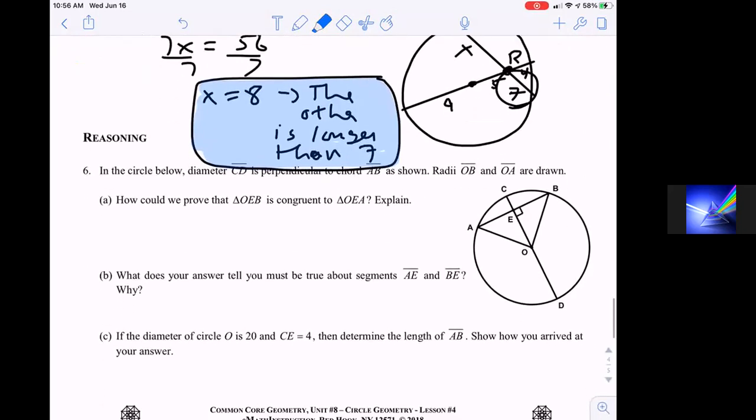In question number 8, diameter CD is perpendicular to chord AB as shown. Radius OB and OA are drawn. How can we prove that triangle OEB is congruent to OEA? Well, we could use HL, which is the hypotenuse leg theorem.